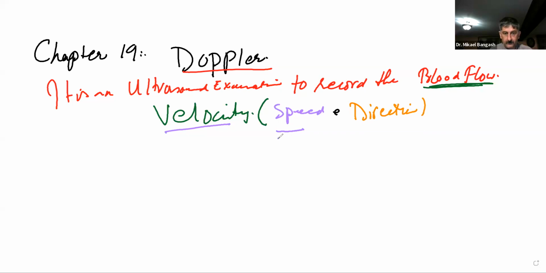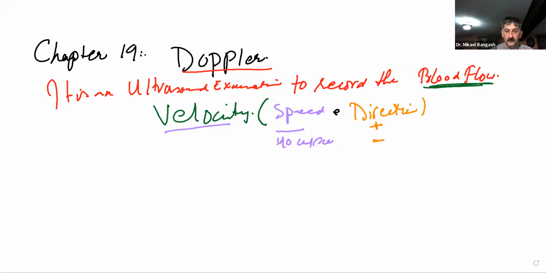We can say 40, for instance, that's centimeters per second. But as far as Doppler is concerned, the direction is going to be written as a plus or as a minus, all based on the direction of the blood flow.